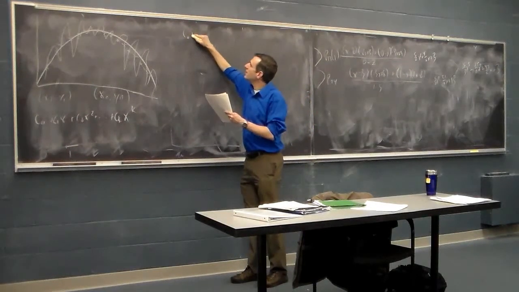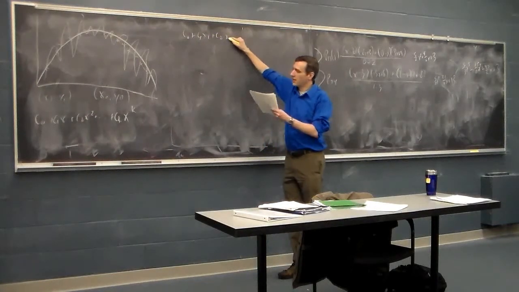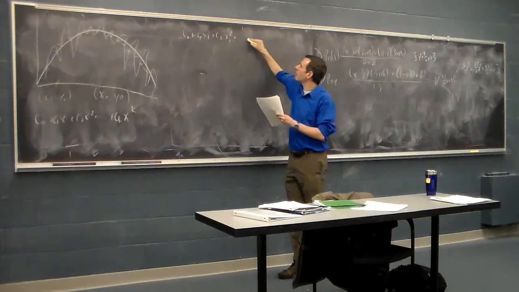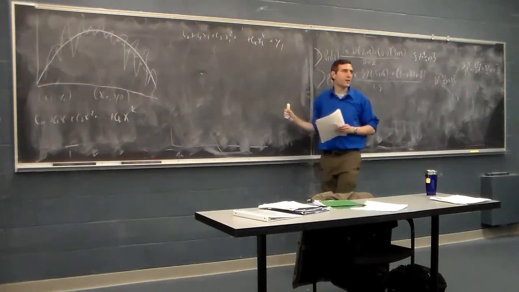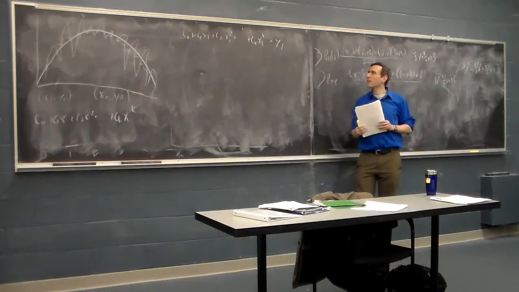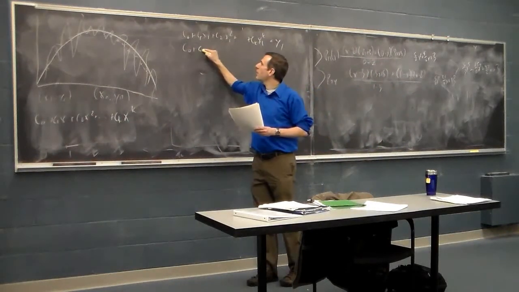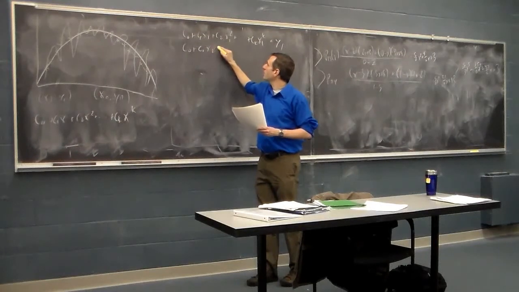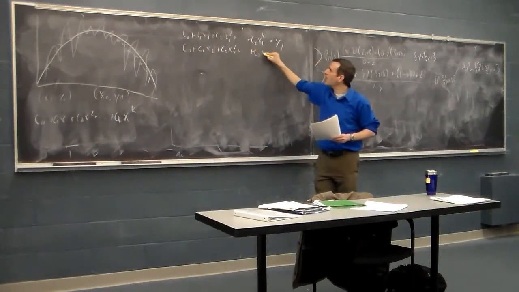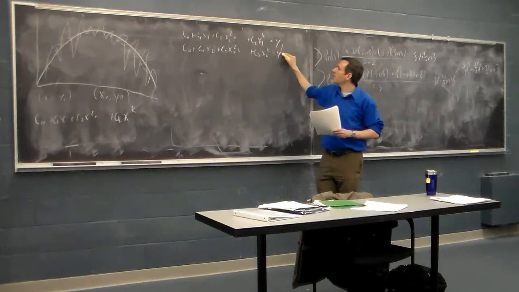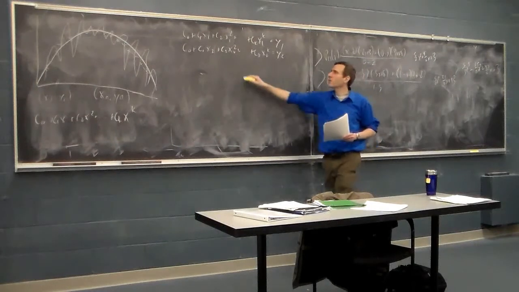We're going to have c0 plus c1x1 plus c2x1 squared, etc., up through ck x1 to the k is equal to y1. That's just an assertion that the polynomial gets the first point right. And likewise, c0 plus c1 x2 plus c2 x2 squared, etc., up through ck x2 to the k equals y2 would be an assertion that it gets point x2, y2 correct.